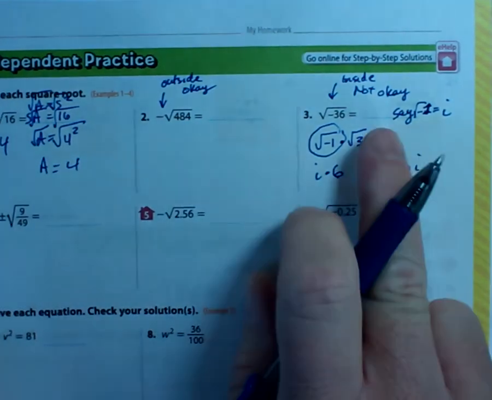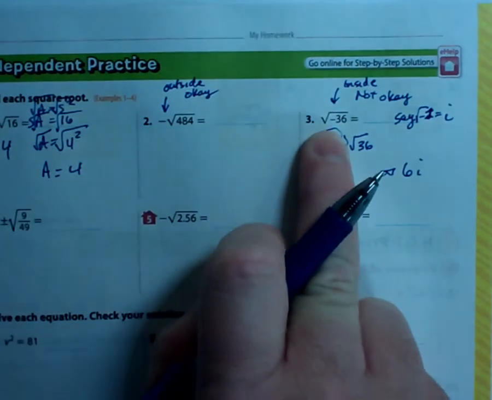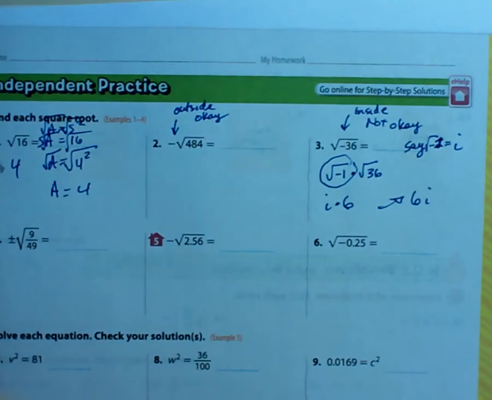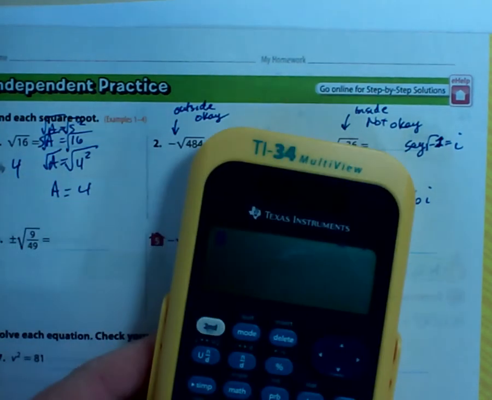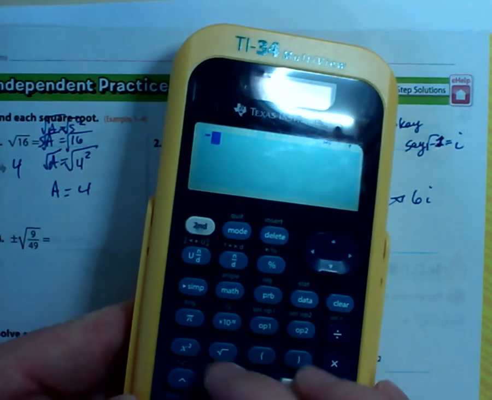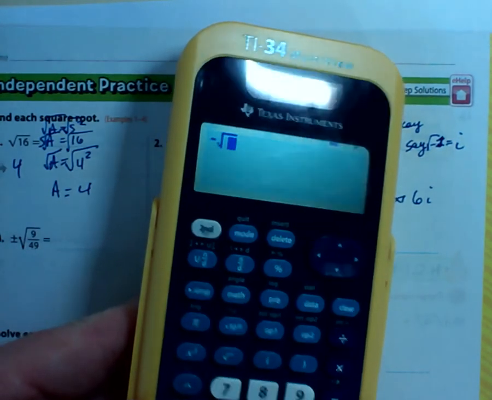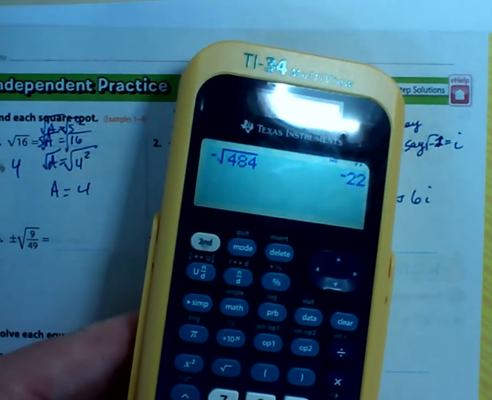If you plug this into your calculator, you're going to get undefined, and that's fine. First, we need to do this one. So we're going to do negative first, then square root of 484, and we get negative 22.